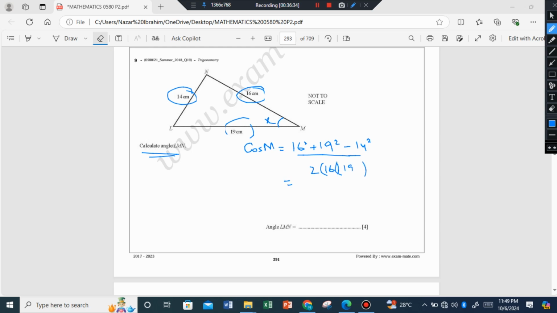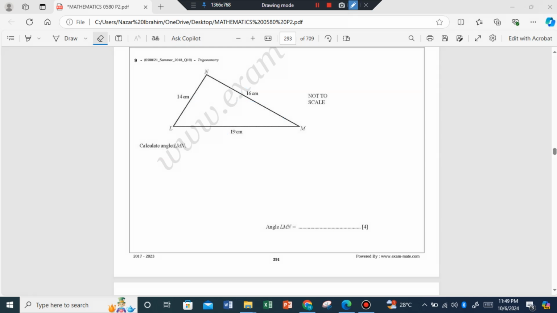And I'm solving this, keeping this in calculator. What I'm getting is the answer 46.18. Clear? Okay, let's go further.